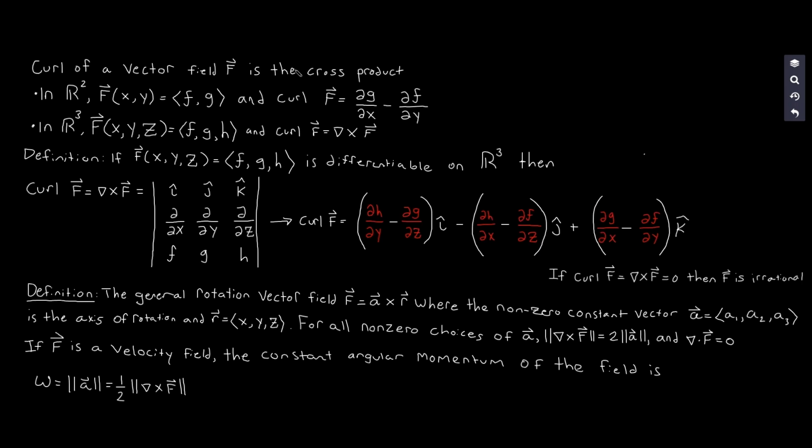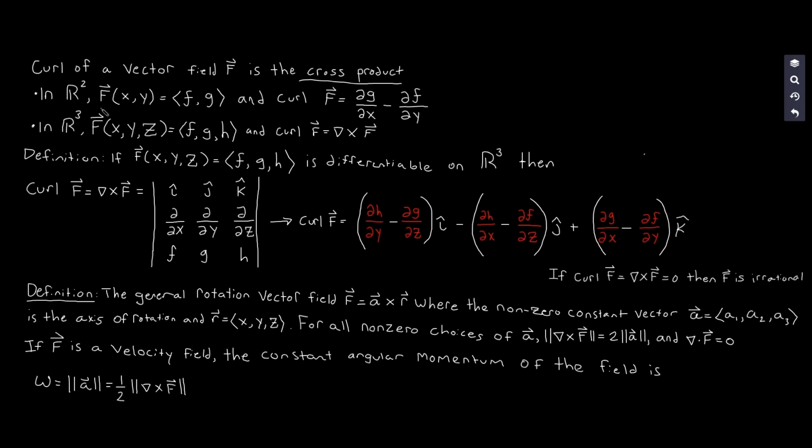Now this is where we get into the cross product, as it does differ from the dot product. And this is what we're dealing with in vector calculus and in R3. Okay, so the curl of a vector field, vector f, is the cross product.